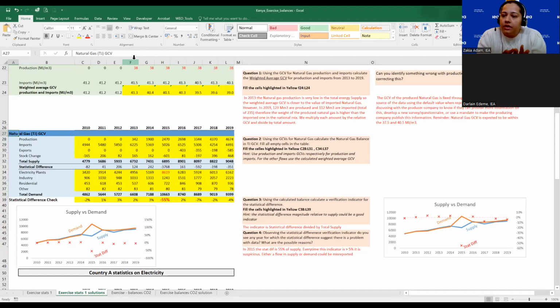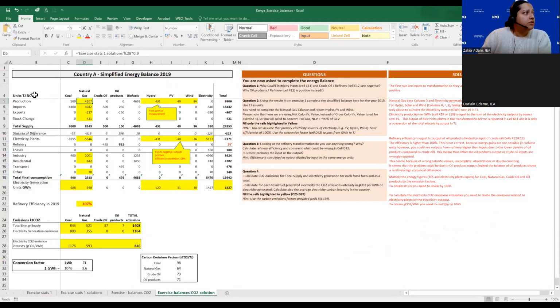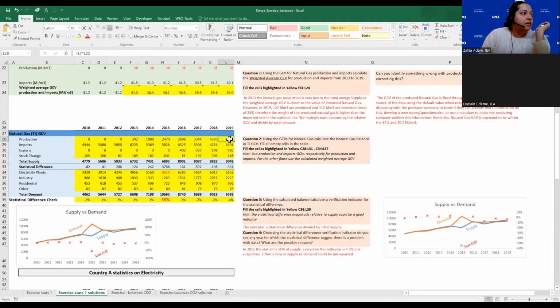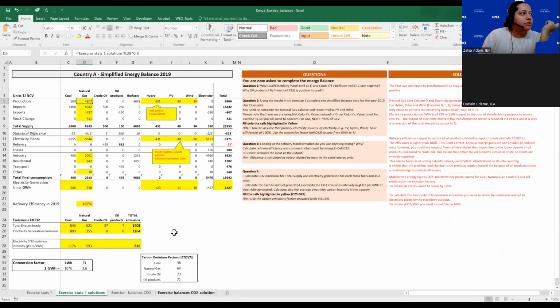But for coal and oil, it's 5%. So here to convert it into net, you just take your production from the first exercise and multiply it by 0.9 to get your net calorific value.